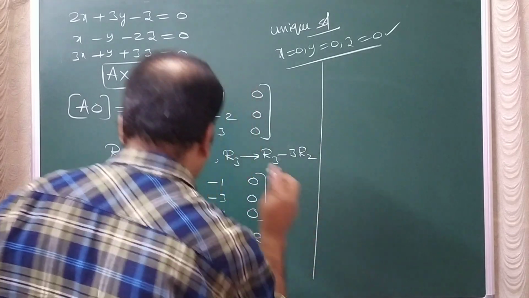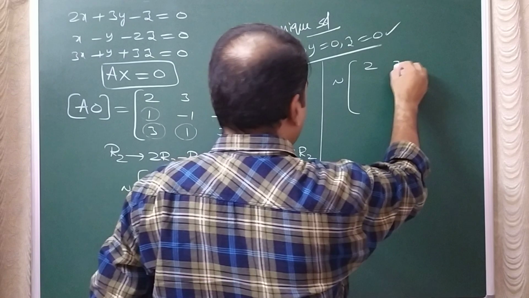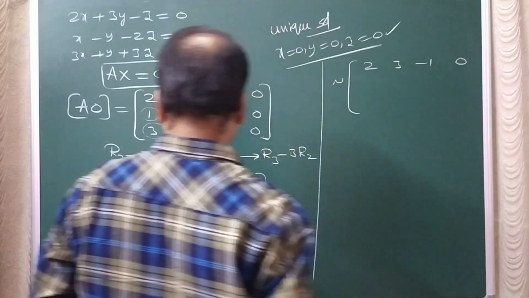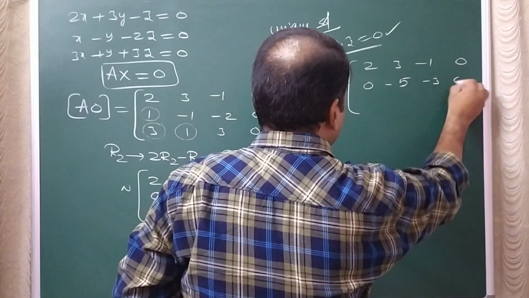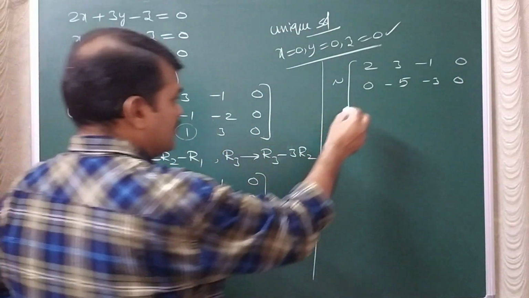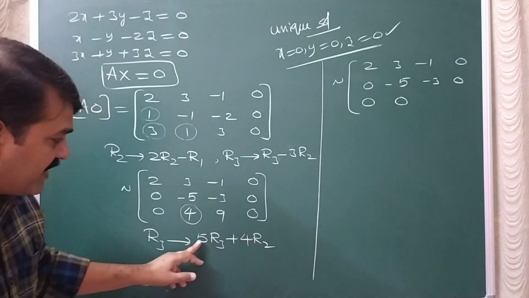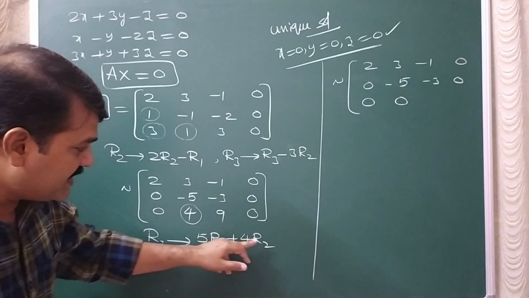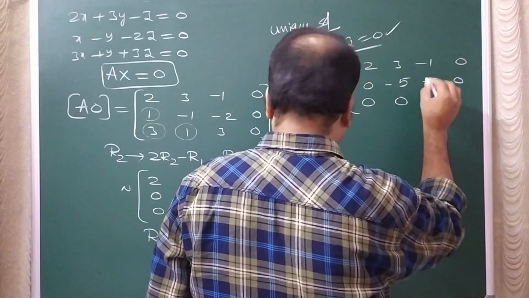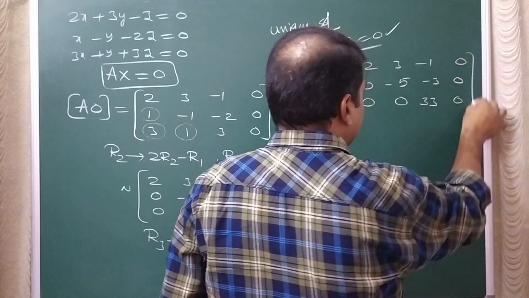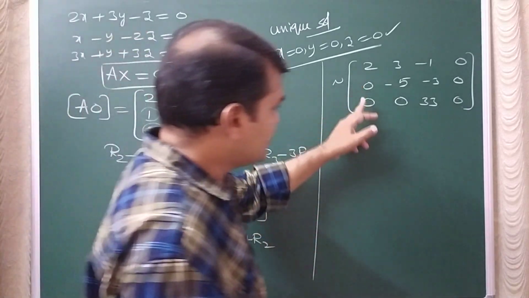So I'll write here: first row no change, 2, 3, minus 1, 0. Second row no change, 0, minus 5, minus 3, 0. Third row 0, 0, 5R3 is 45 plus 4R2 minus 12, 45 minus 12, it is 33. So you will get it like this. The process is completed. I got zeros in these three places.